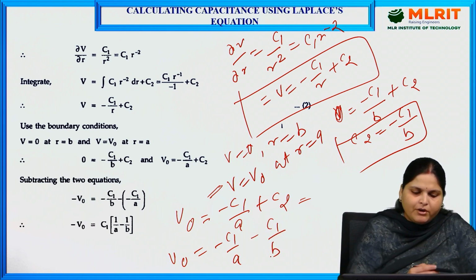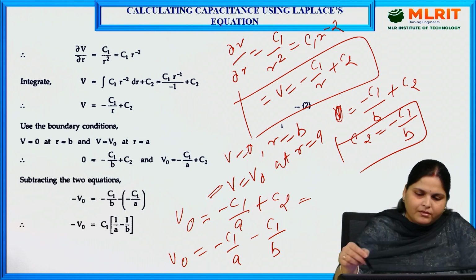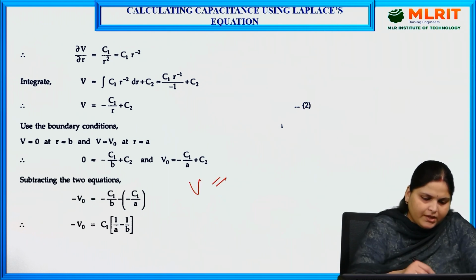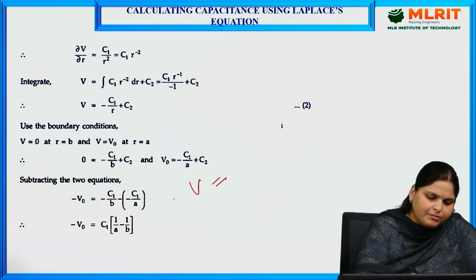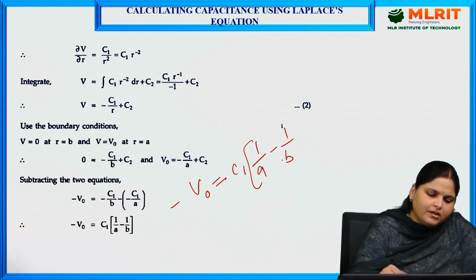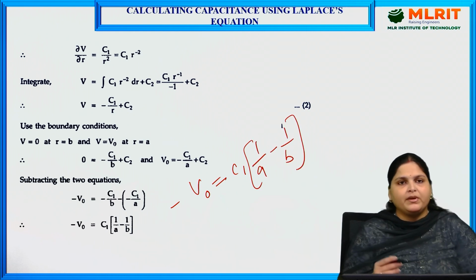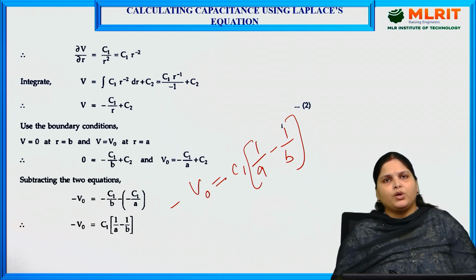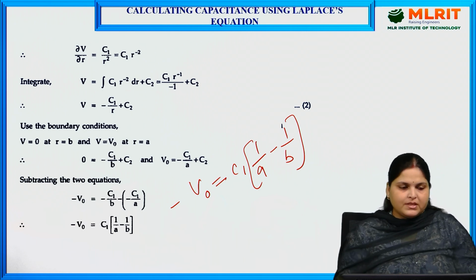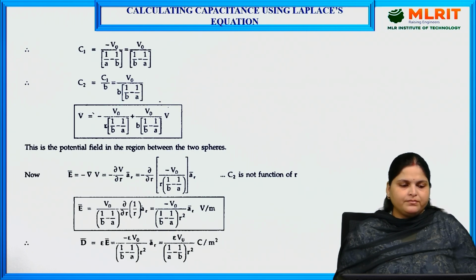So substituting C2 equals C1 by B, we get V naught equals C1 into (1 upon B minus 1 upon A), with C1 taken common outside.